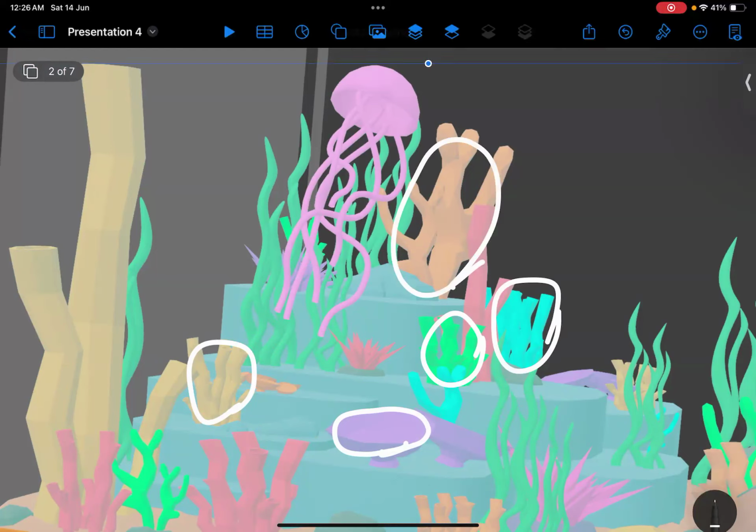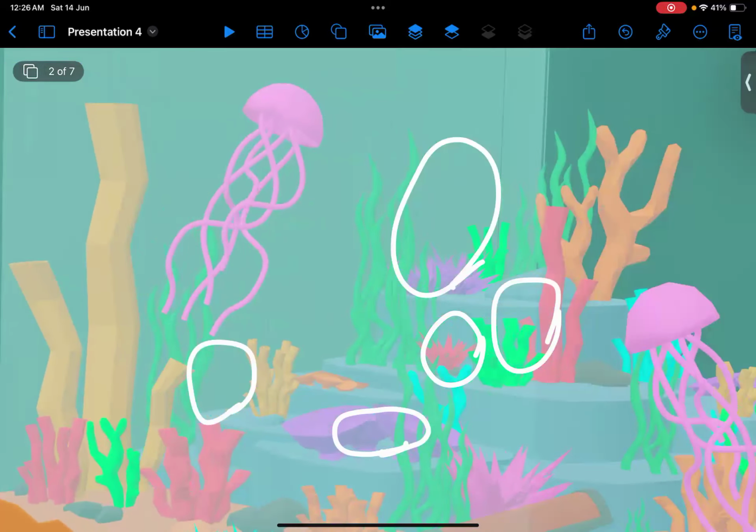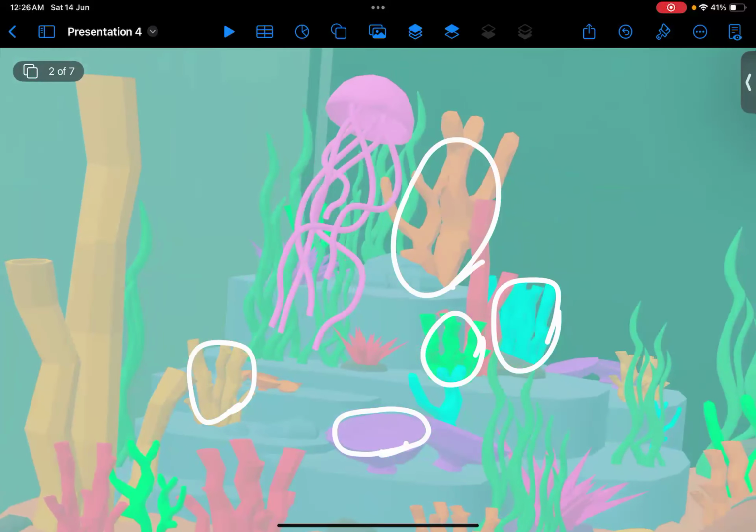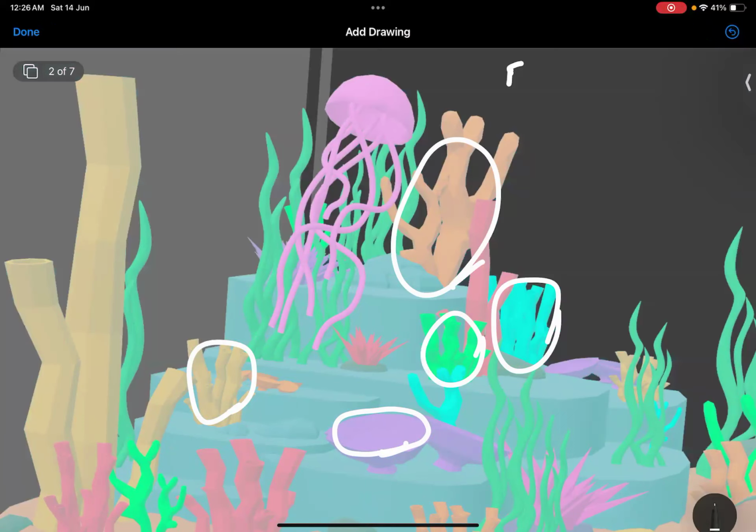Here we'll see that the coral reefs are very important for an ecosystem. They are majorly found in the shallow water region.